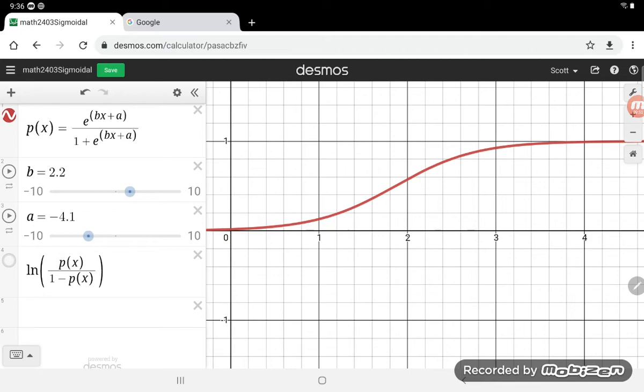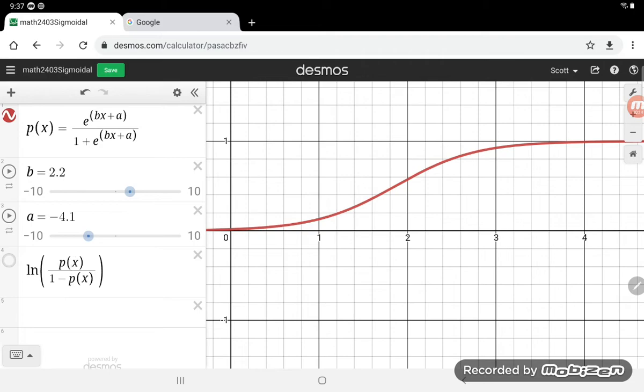Now we don't know how to do that, right? We know how to fit the BX plus A, but putting this into the exponential and so forth. But it's interesting if you look at what they call the odds ratio.